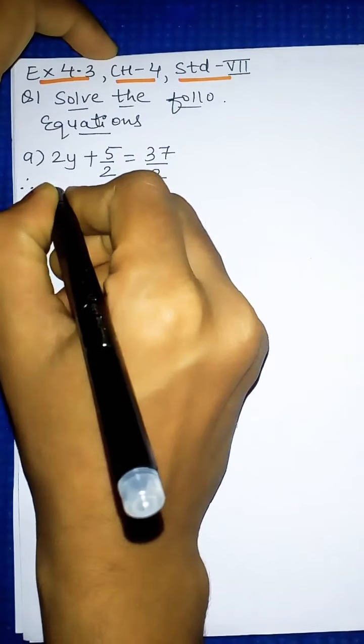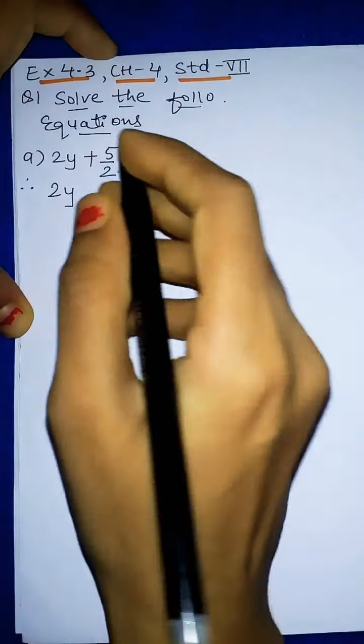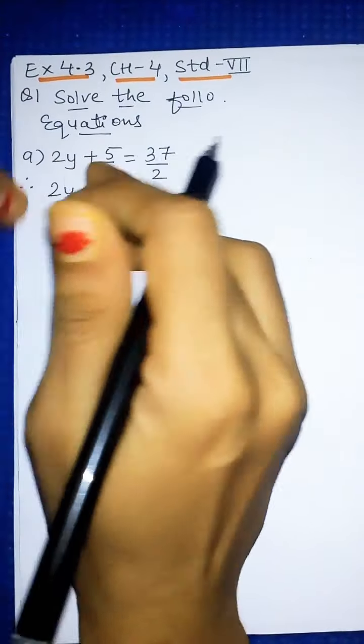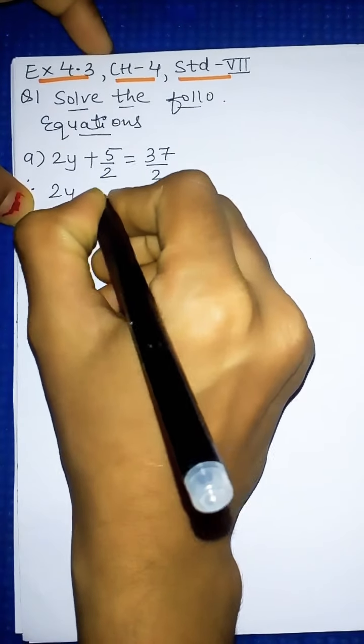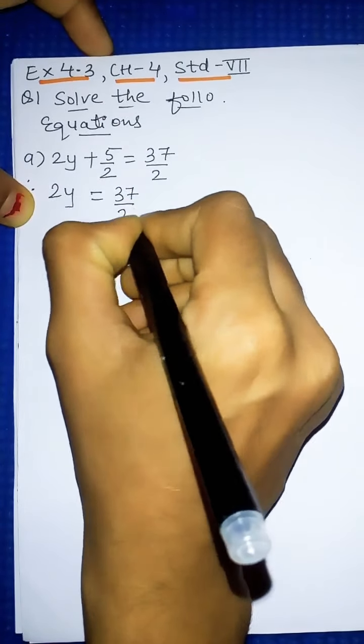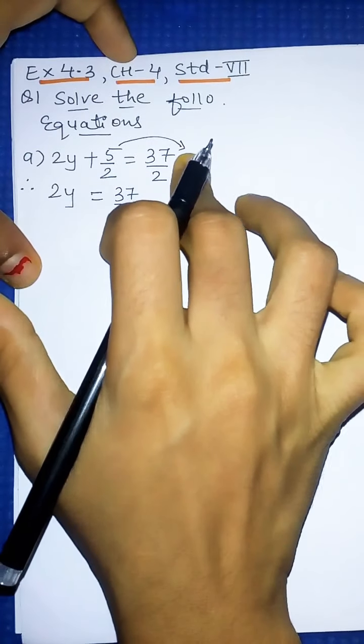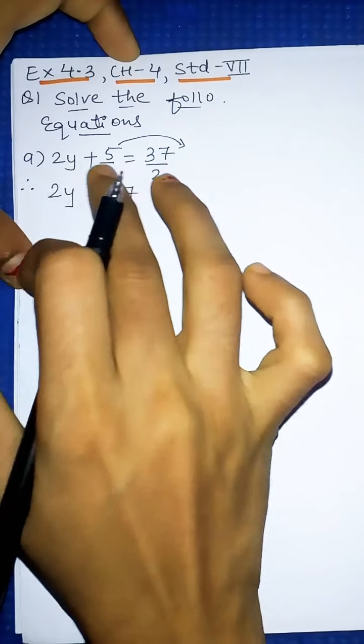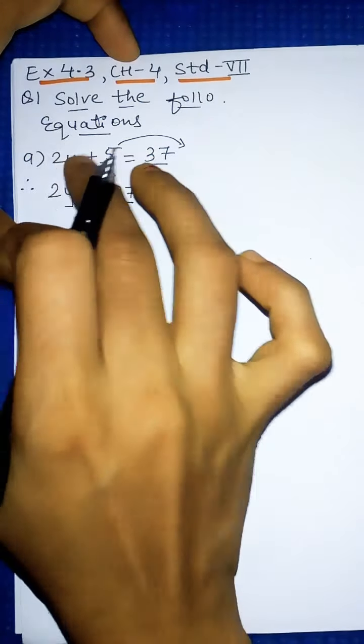So let us start. Here 2y, don't change the place of 2y, 2y as it is, equal to 37 upon 2 as it is. Now this 5 upon 2 we are taking to that side. This whole part is LHS, so from LHS we are shifting this to RHS. One by one we will shift and then we will get the value of the variable.